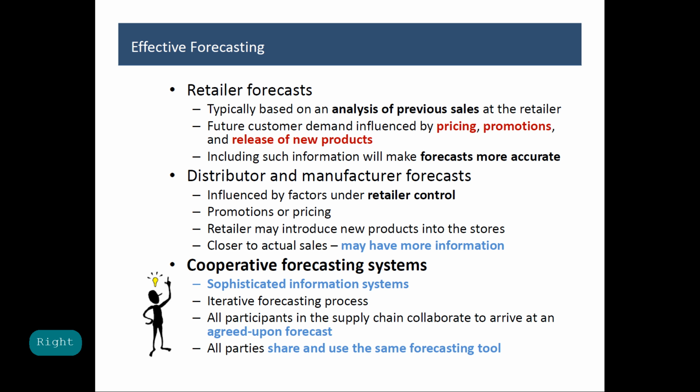So we talked already a lot about effective forecasting. Sharing centralized information about the true demand throughout the supply chain is one way to go. The retailer, of course, also needs to find out the real demand of their customers.